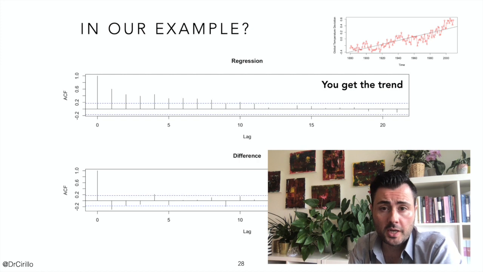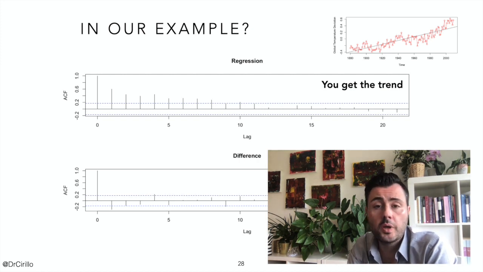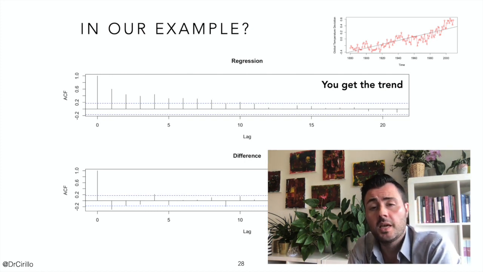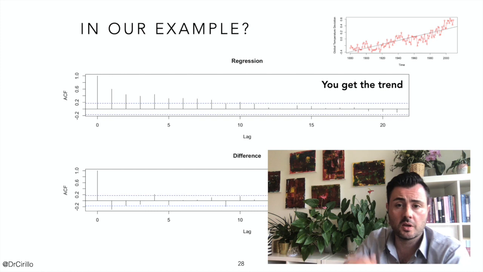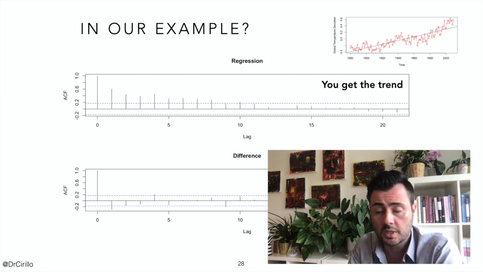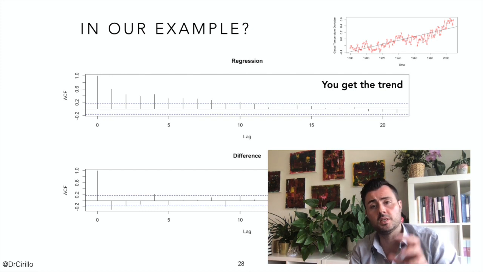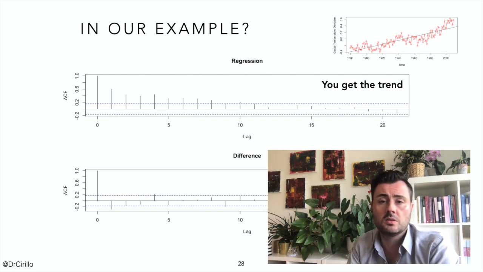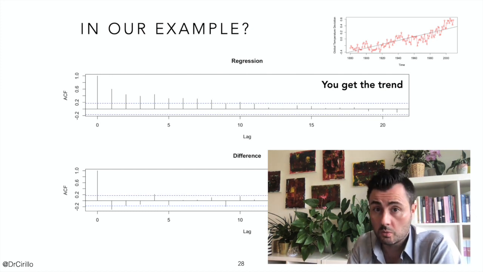Actually, we get two very different results. With linear regression, that you see here on top of the slide, we are able to remove the linear trend, and in fact the ACF is different from the very long ACF we observed before with the original raw time series. But still we see that there are a lot of significant lags in the autocorrelation function.